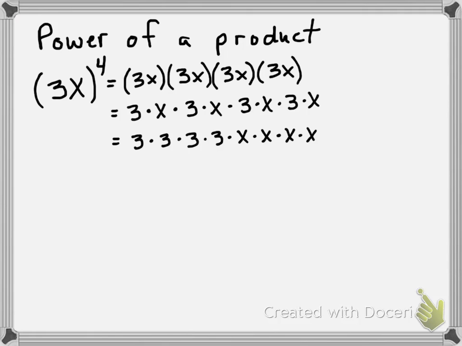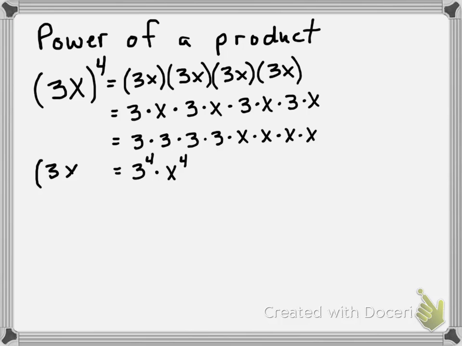Now, we know a shorter way to write this now because this looks like something with exponents. Okay, so here I have 3 times 3 times 3 times 3, so that gives me 3 to the 4th power, times x times x times x times x, that's x to the 4th power.